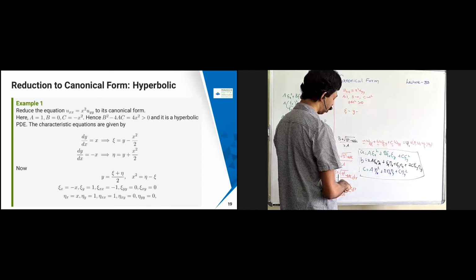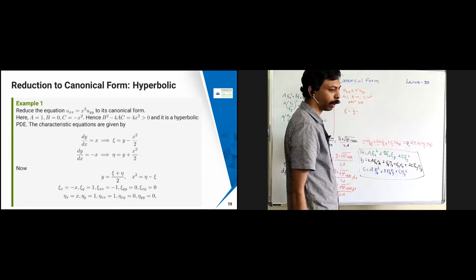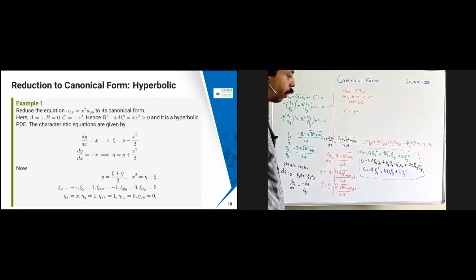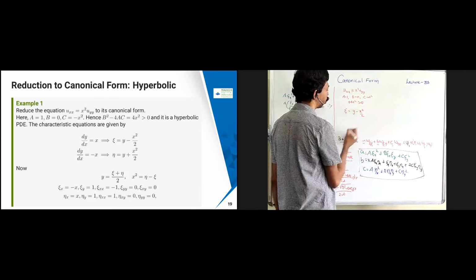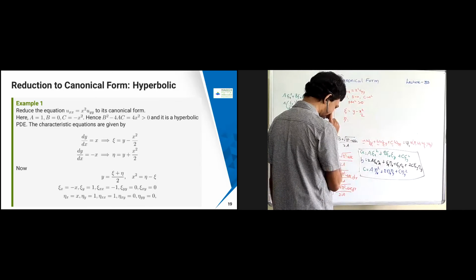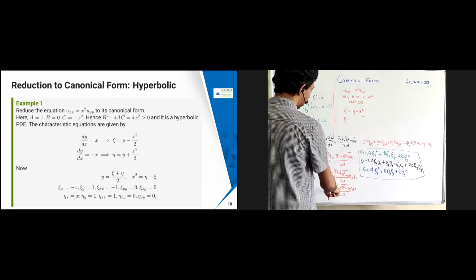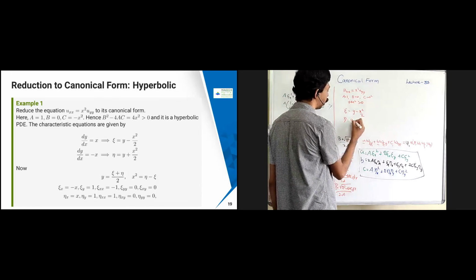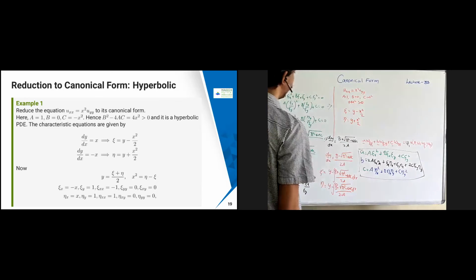This is again divided by 2, so the 2 gets cancelled. So y minus the integral of x dx, and the integral of x dx is x square by 2, so chi is y minus x square by 2. Similarly, eta, where there is a minus symbol already, minus into minus is plus, so y plus x square by 2 is going to come. This is nothing but my chi and eta.